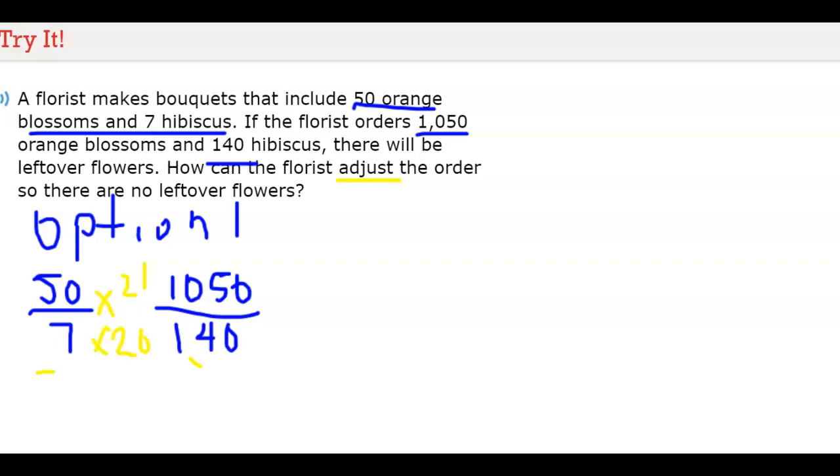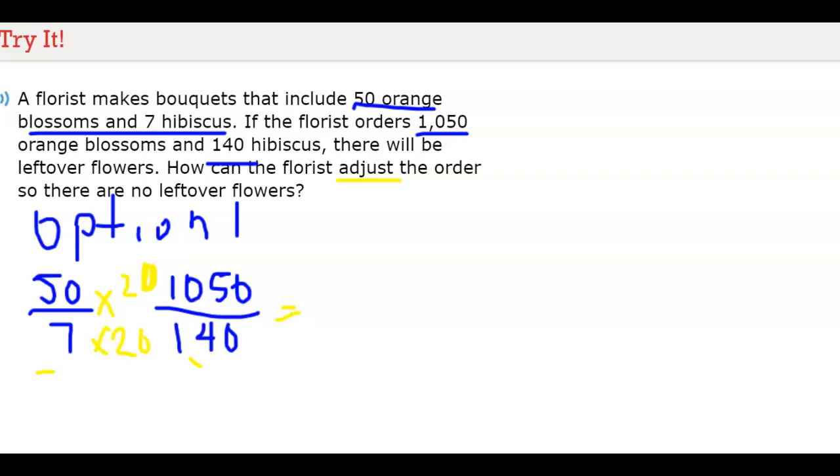So that they are proportional, we can multiply the top number by 20 as well.